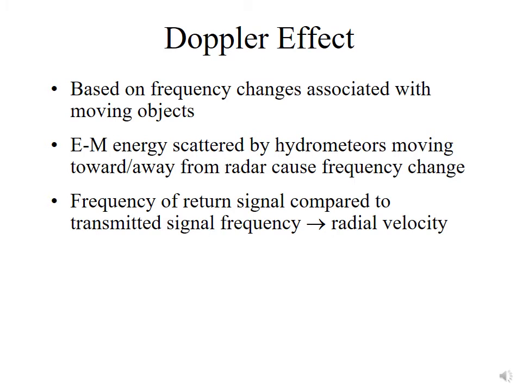Electromagnetic energy that's scattered by hydrometeors moving either toward the radar or away from the radar causes a frequency change in the transmitted pulse. By measuring that frequency change of the return signal, we can get information about the radial velocity of the hydrometeors either toward the radar or away from the radar.